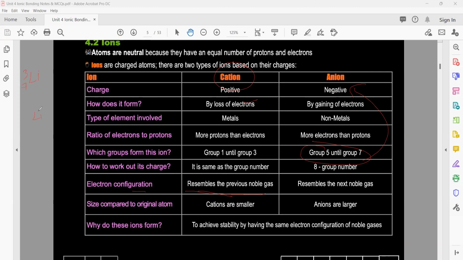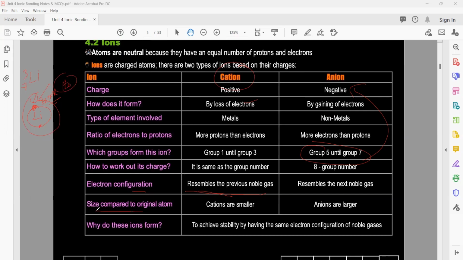If I draw the structure of lithium, in the first shell I will draw 2, in the second shell how much? 1 is left. So if it loses that, the last shell will finish. So only the first shell is left. How many does it have? 2. And maximum how many can come? 2. So the first shell is complete. So it is also like a noble gas, like helium.